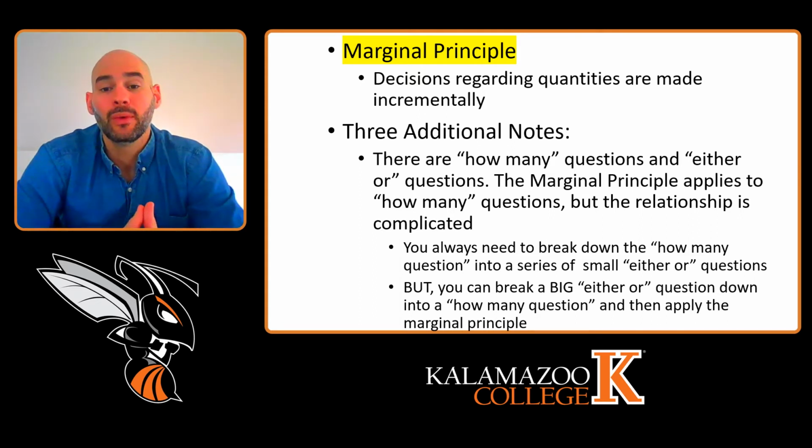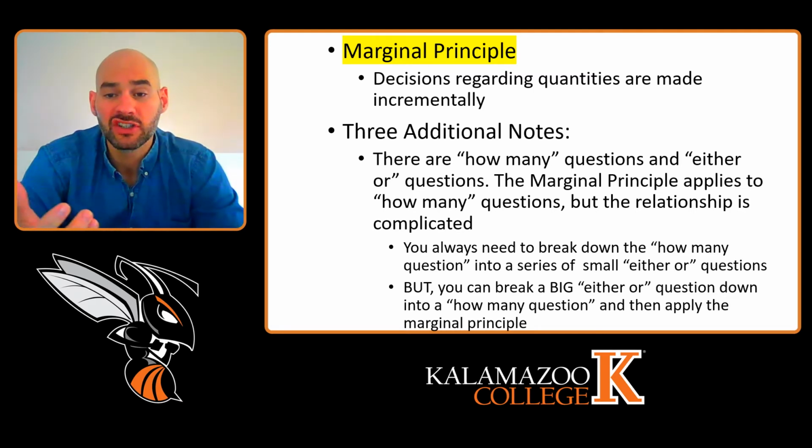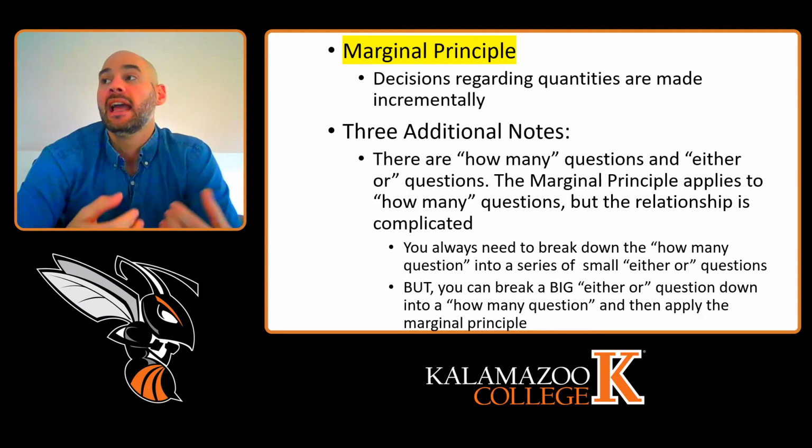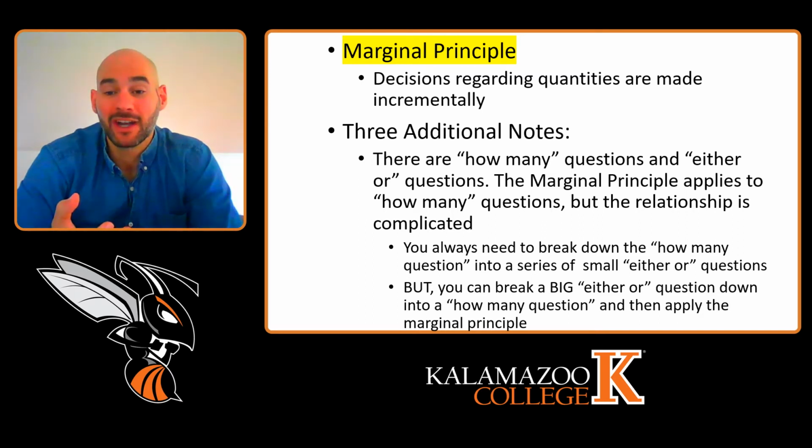And so the marginal principle is going to apply to questions which ask how many or how much, but the relationship is actually kind of complicated. So to make efficient decisions, you always need to break the how many question down into a series of small either or questions. So instead of saying, again, how many pounds of ground beef should I buy every month?